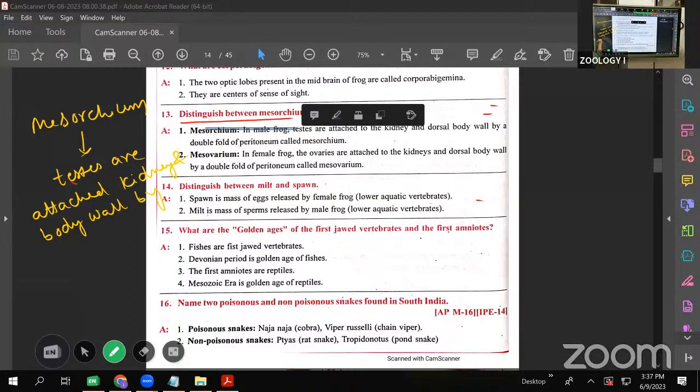Mention it, the peritoneum. That peritoneum is called the mesorchium. Here, mesorchium means this one.